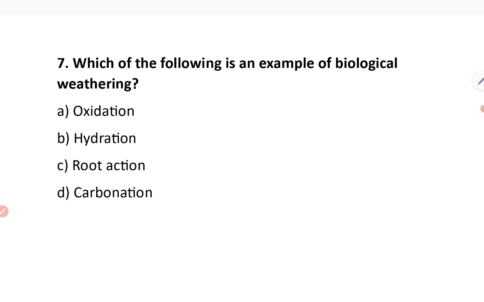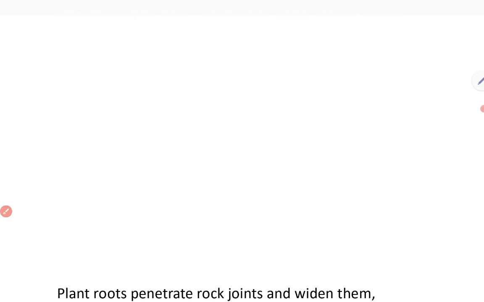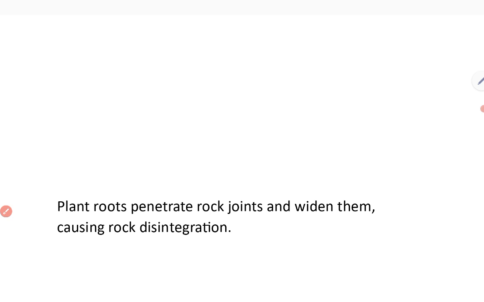Seventh question, which of the following is an example of biological weathering? As we know, there are three types of weathering: physical, chemical and biological. Biological weathering is exemplified by root action. Plant roots penetrate rock joints and widen them, causing rock disintegration.